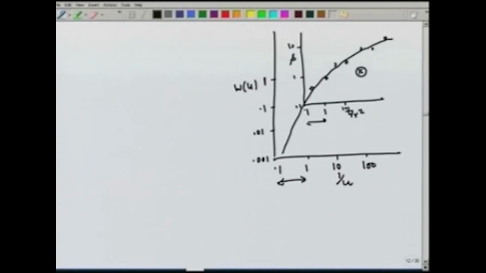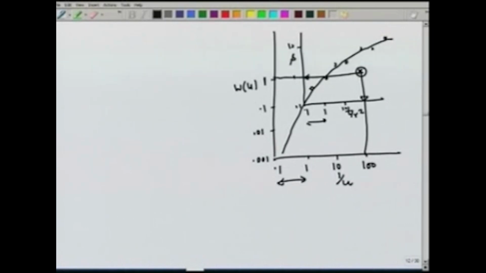After matching, we can choose any point on this graph, and we note down the coordinates for 1 over U, for W, for T over R square, and for S.